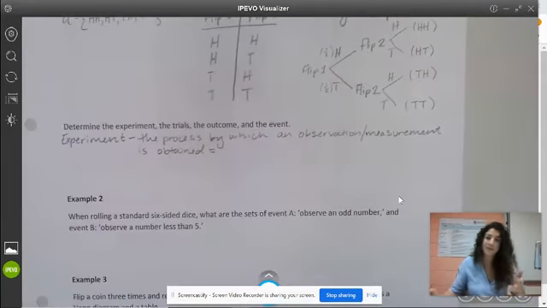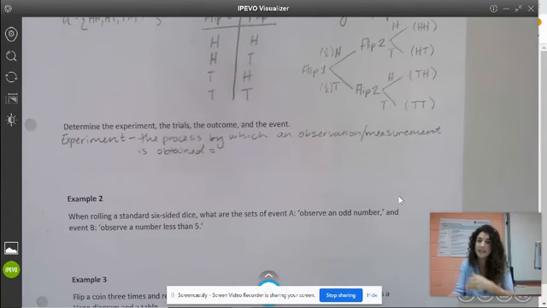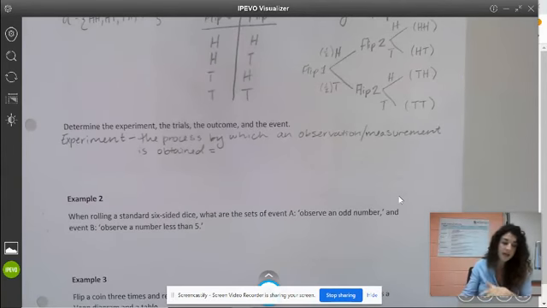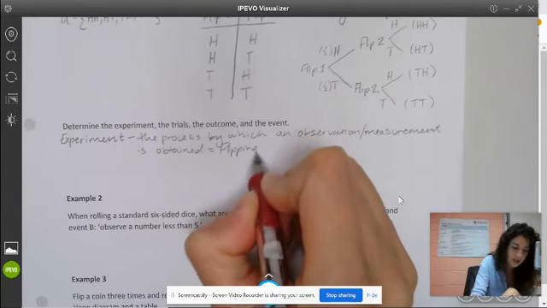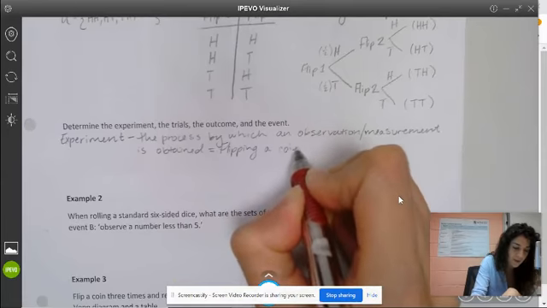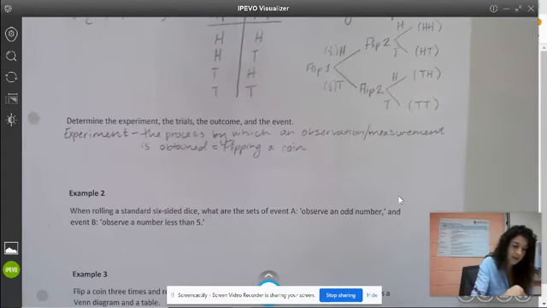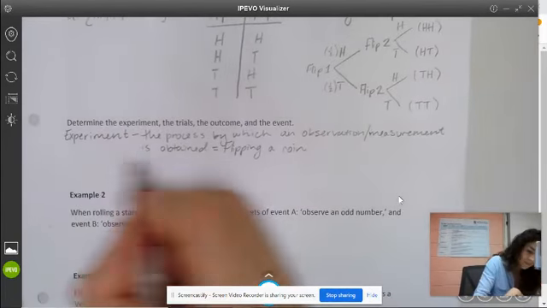So we all know what an experiment means. This is the technical definition. In this case, for the flipping of the coin, the experiment is flipping a coin, right? So it's the overarching, what are we doing? We're flipping a coin. Versus the trial.